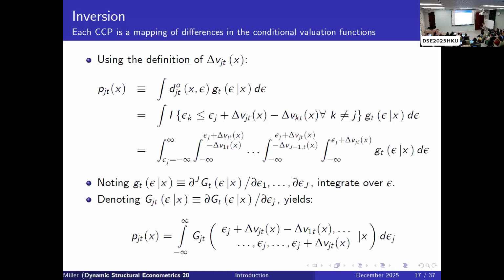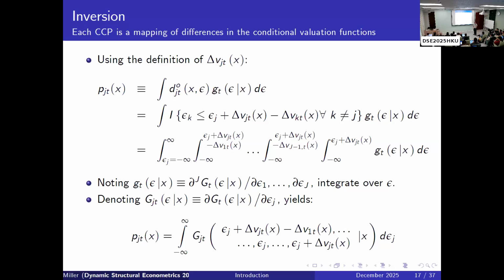We notice the multivariate density of this thing is just the cumulative distribution function differentiated by each of the epsilon. And then we could define just the derivative of the cumulative distribution, taking that derivative with respect to the epsilon j. And so now we'd be integrating everything through apart from the epsilon j up to here, here, and here.